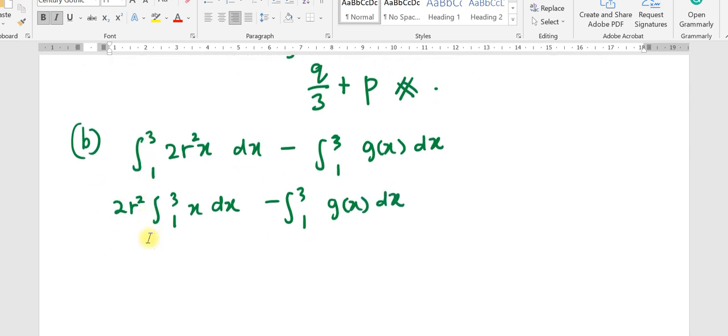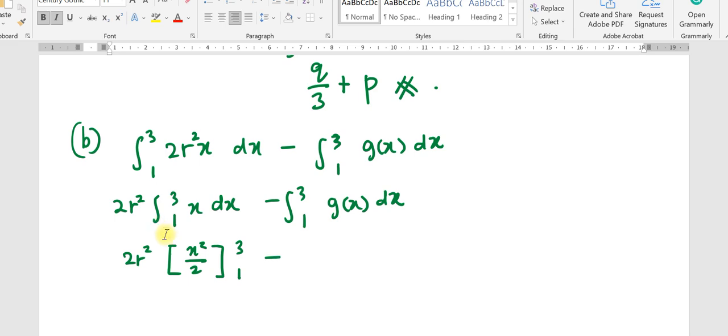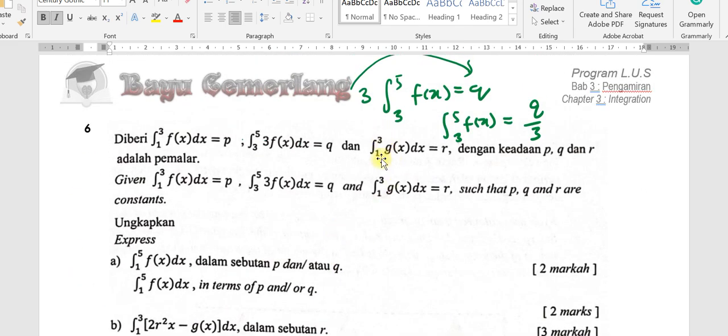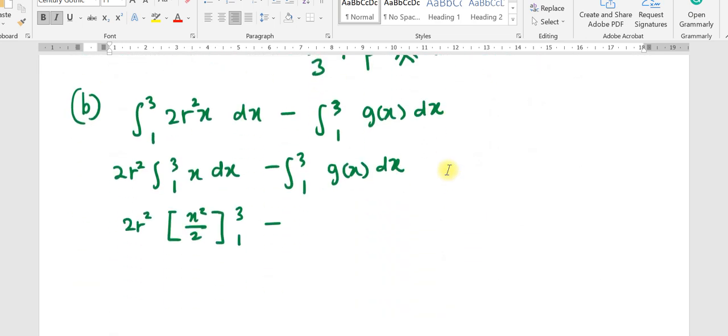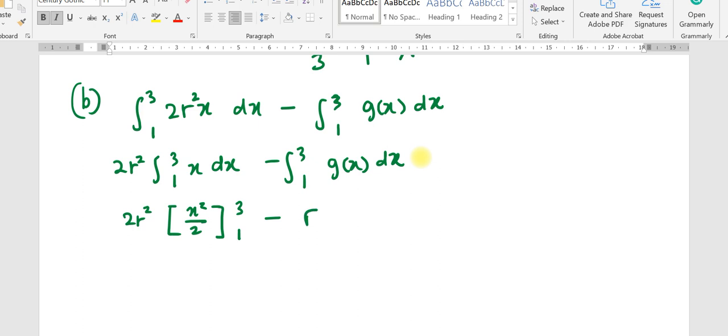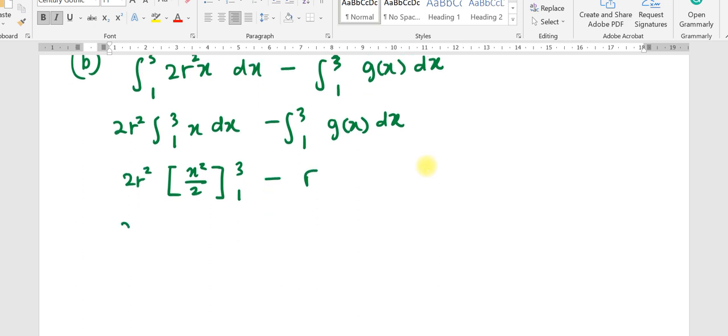Okay, and then 2r square letak sini. Ini x square over 2. Okay, ganti 3 and 1. Minus, yang ni sudah dapat value kan? 31gx berapa? 31gx dx is equal to r, according to here. Okay, let's see what we get here. 2r square, this one. 3 square over 2 is 9 over 2 lah.